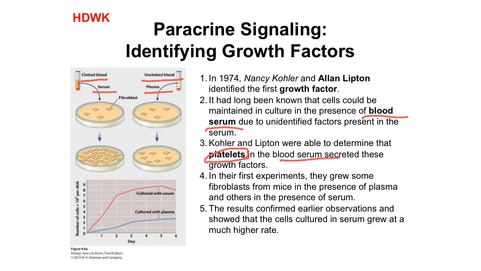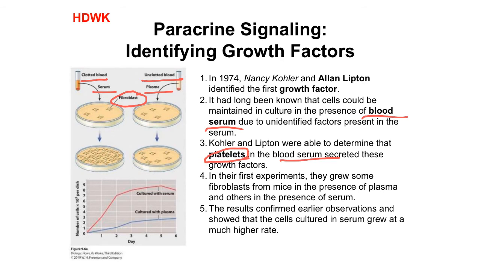So the first experiment that they did in order to identify this growth factor is to simply compare the response of fibroblast cells. So these are the isolated cells coming from body tissues. Fibroblast is a very special type of cell that usually is responsible for maintaining the extracellular matrix, or what we call the molecular glue between cells that are dividing in order to form tissues.